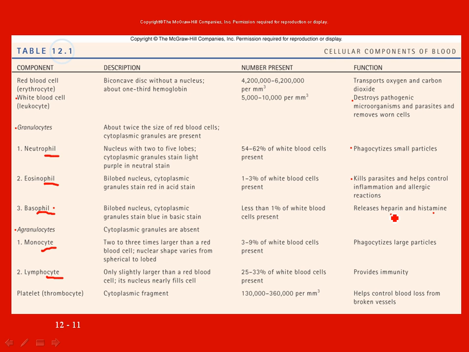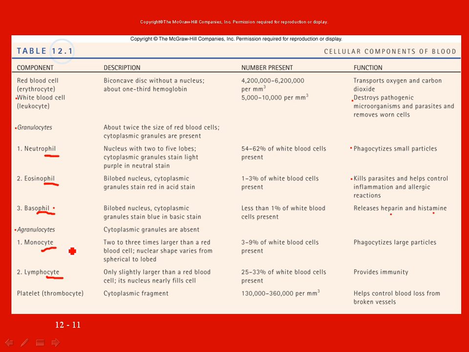So we want to form clots when necessary, when you have a broken blood vessel or something like that, but we want to make sure that we don't form blood clots at any other time. So basophils have a couple different functions. Notice then, the eosinophils and the basophils kind of have opposite functions. We see eosinophils help to control inflammation as one of their functions, whereas with the secretion of histamine, the basophils induce or start inflammation.